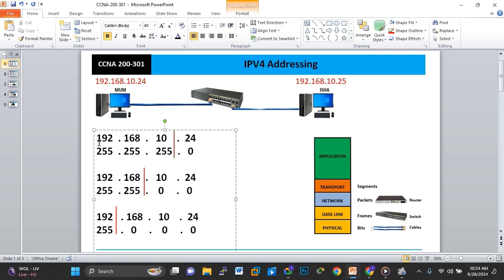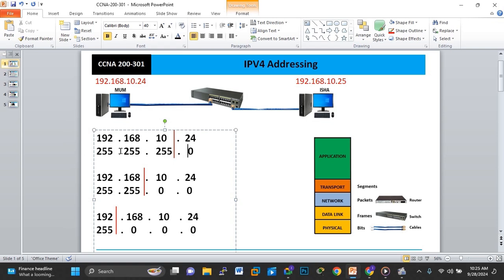Now, under 192, the subnet mask says 255. As long as the subnet mask shows 255, this is a demarcation line: 255, 255. Straight away, this is the network. Now the line is between the 10 and the 24, so here you can see a 0. The subnet mask here is 255.255.255. What do these subnet masks mean?